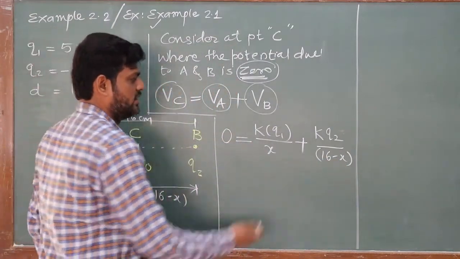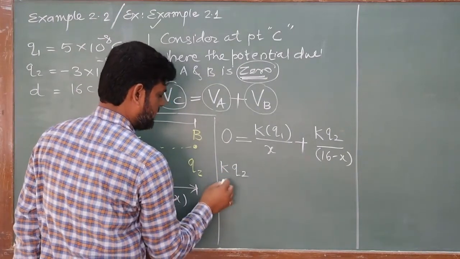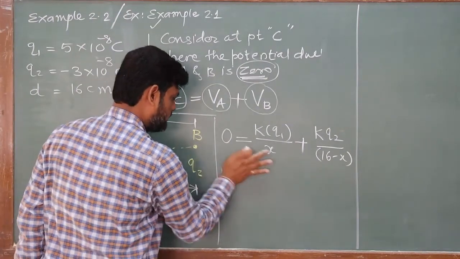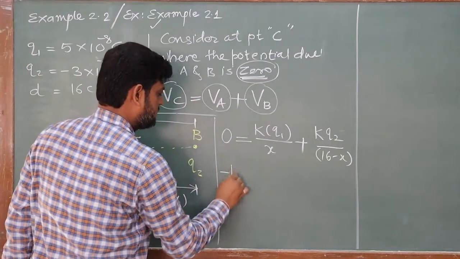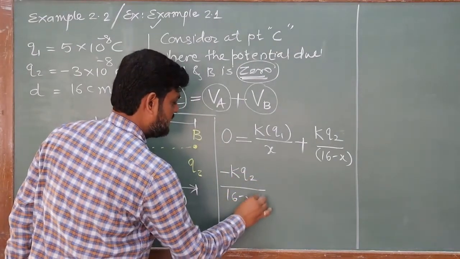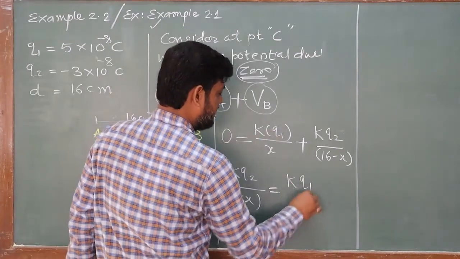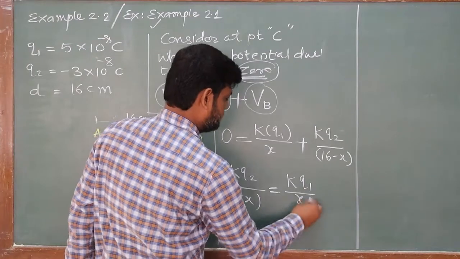Taking this on the other side, minus K Q2 divided by 16 minus x equal to K Q1 divided by x.